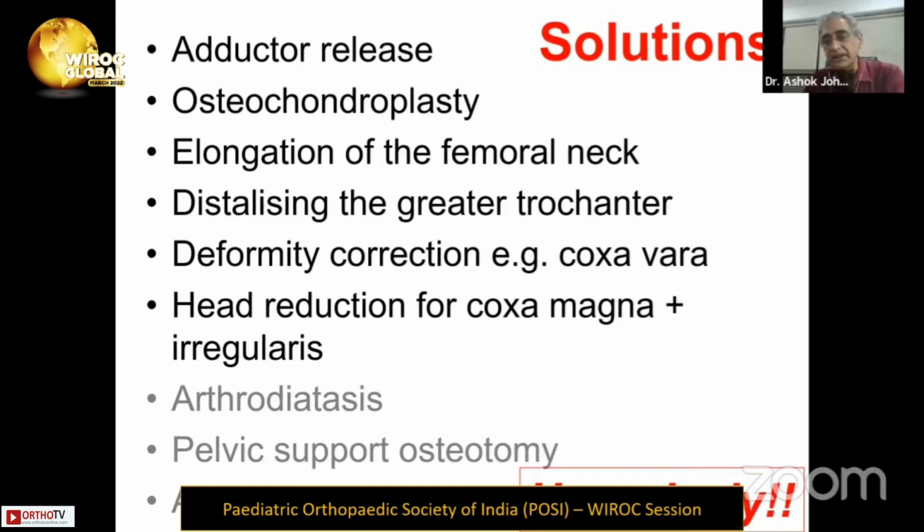Deformity correction, for example coxa vara or coxa valga, can be corrected. Head reduction for a coxa magna or irregularis. Where you have stiffness, one can do arthrodiastasis. There is an option of a pelvic support osteotomy or an arthrodesis also in these cases. We have so many options, we need to use them wisely.